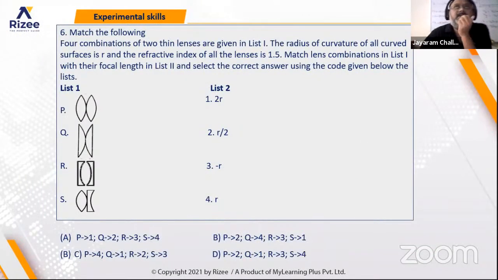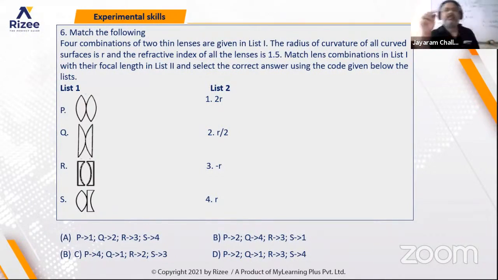Now coming to the next question, question number 6, which is a matrix match method basically. In the multiple matrix, there is another model also, where P can be matched with multiple numbers in the list too. In another case, they can be matched with only one element.